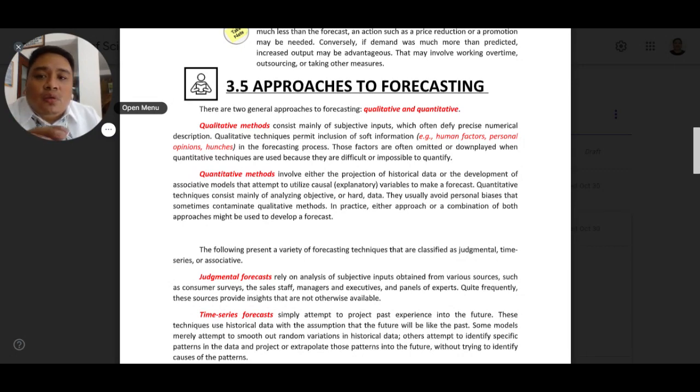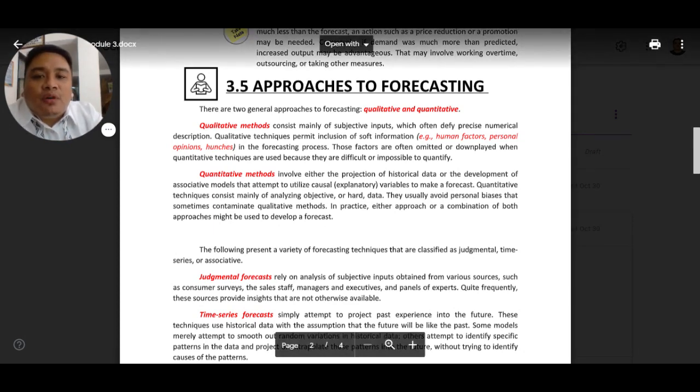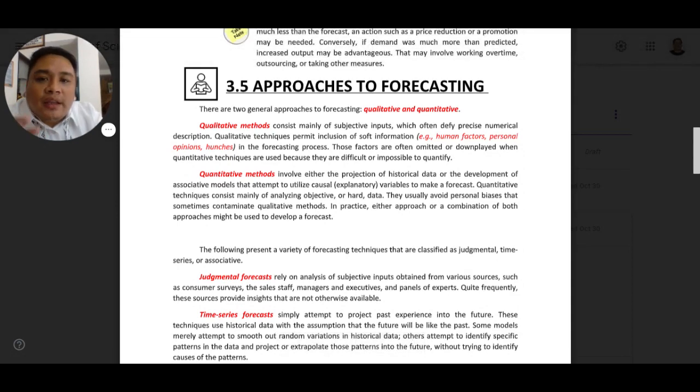In quantitative methods, we talk about numbers, we talk about information, we talk about data, we talk about statistical data. Okay? Yun yung approach. So, quantitative techniques consist mainly of analyzing objective or hard data. There is an output. Meron silang basis. May actual report. Okay? Yun siya sa quantitative method.